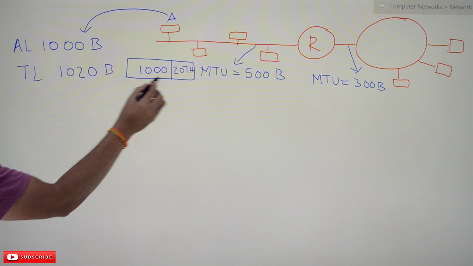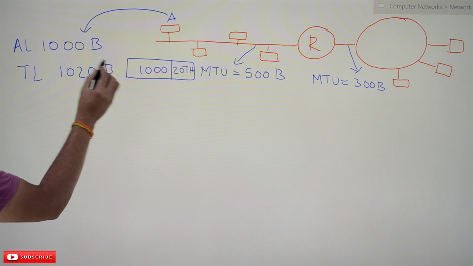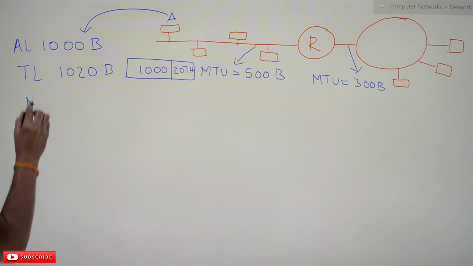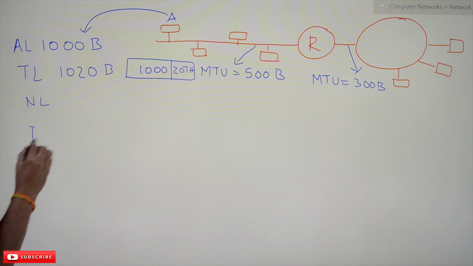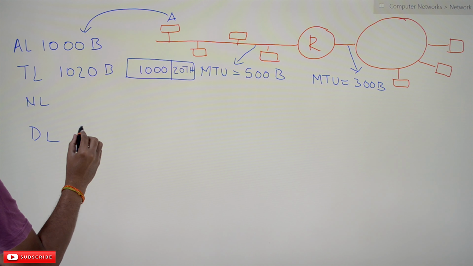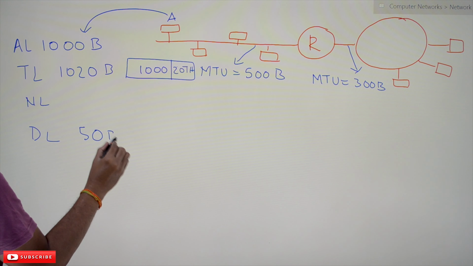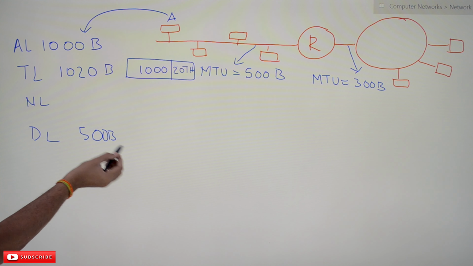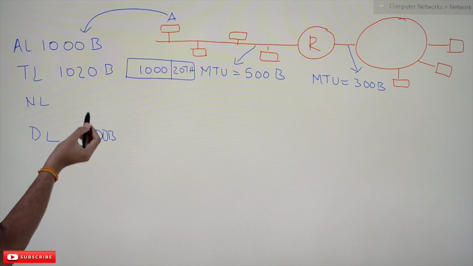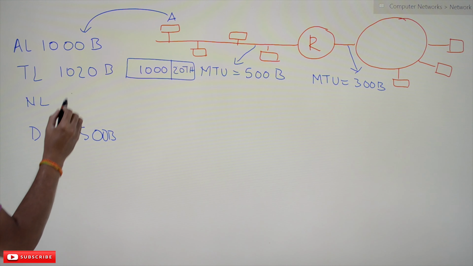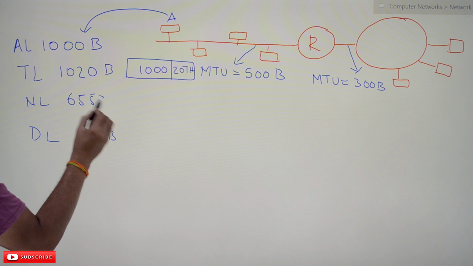So this size of data will get transferred to the network layer. The data link layer capacity is 500 bytes, and the network layer capacity is 65,535.